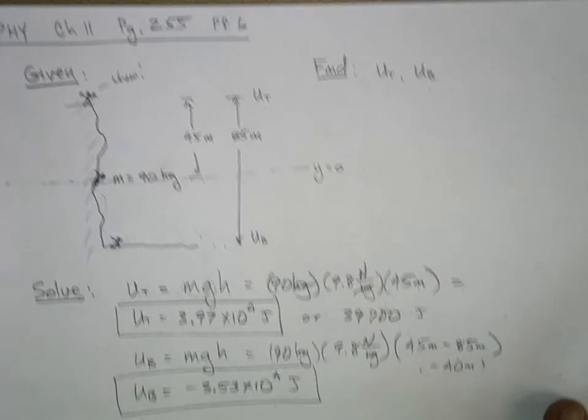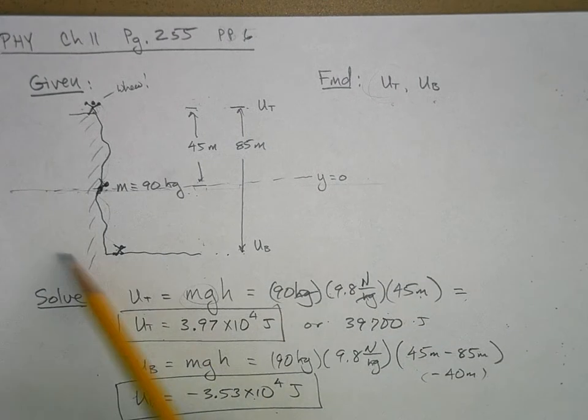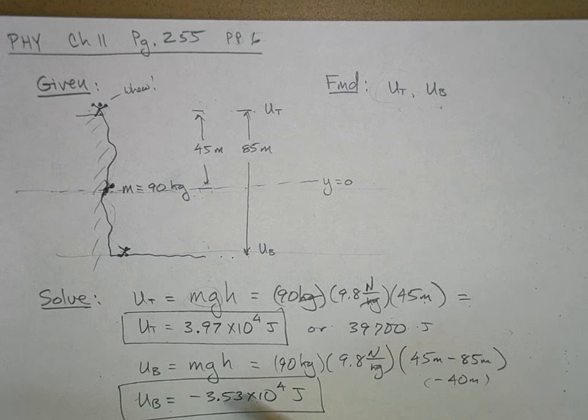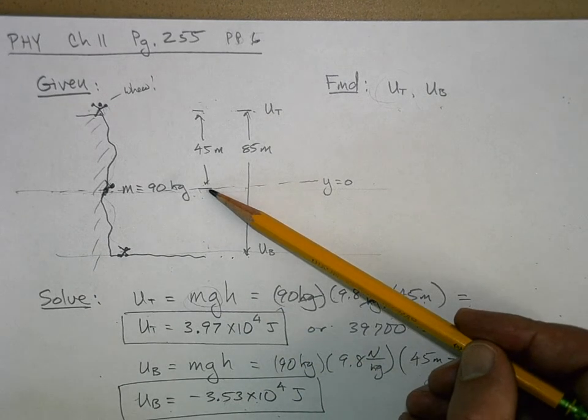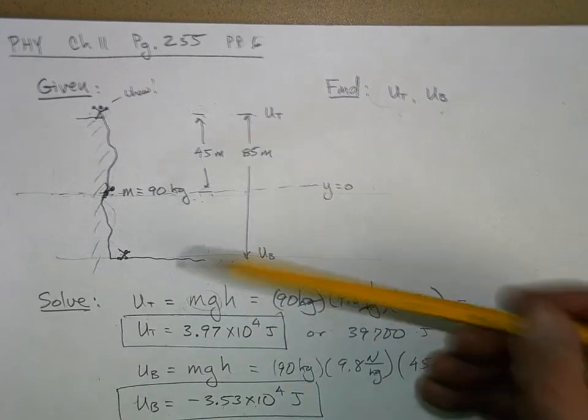Now, another way of thinking about this, what this means right here is that if your reference was at the bottom, you would have to do this much work just to get to that 40 meters up. And then you would do this much more to get all the way to the top.